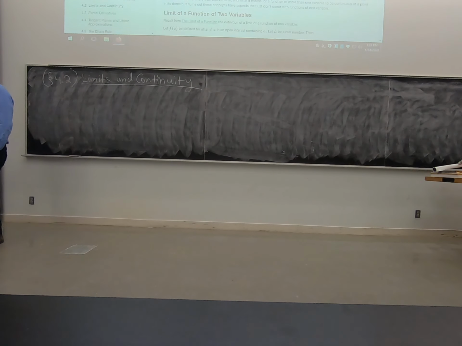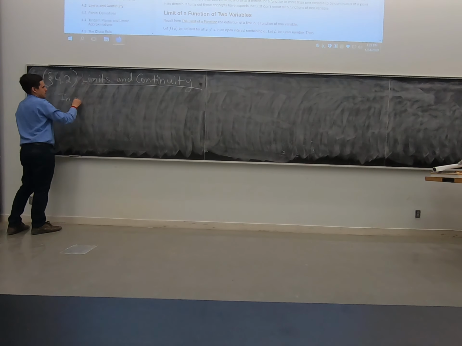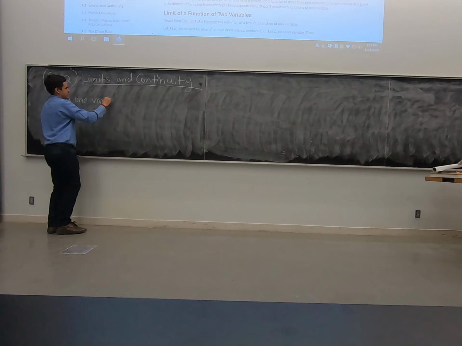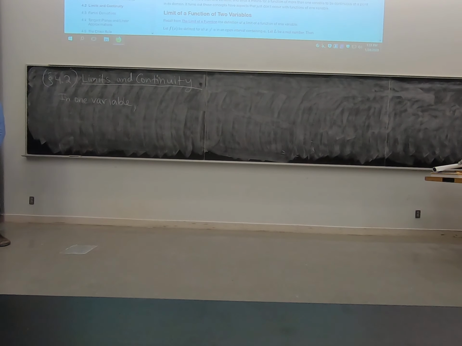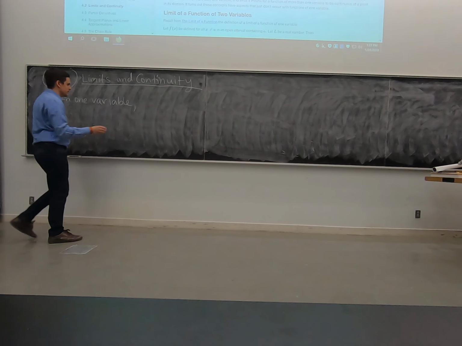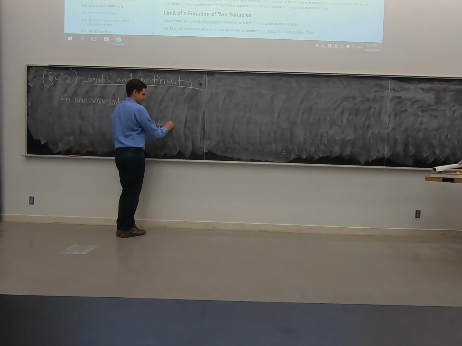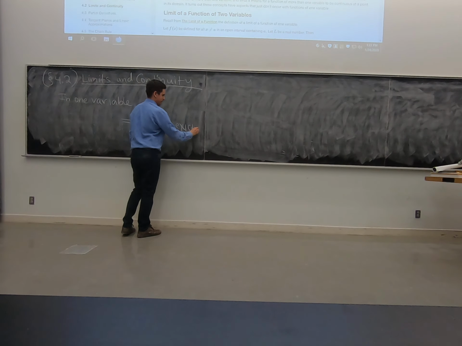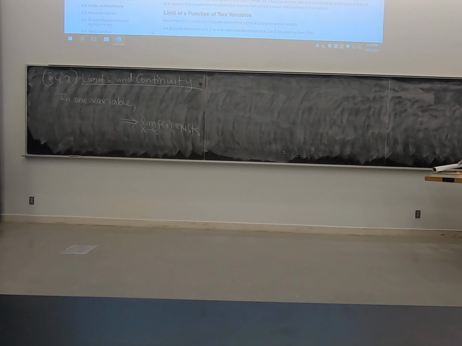Just to take a step back to our last calculus class, in one variable, things are so special. Things are so nice in one variable. In one variable, what needs to happen for a limit to exist?